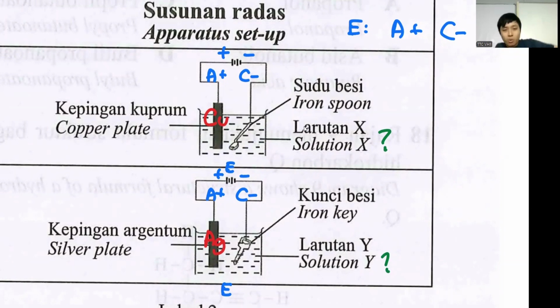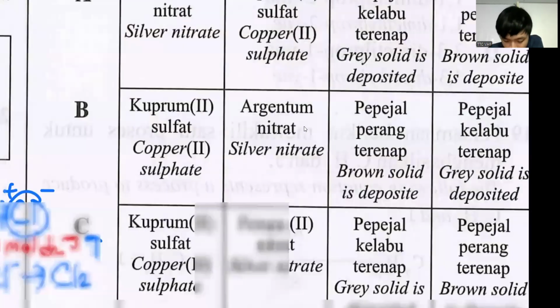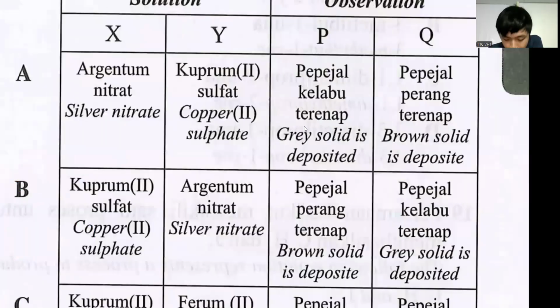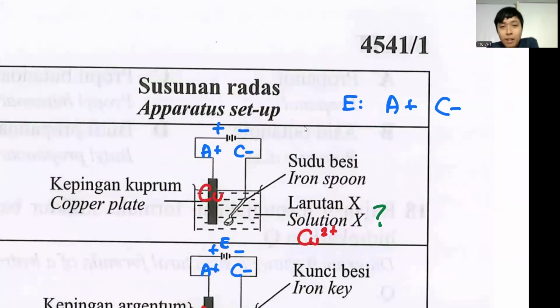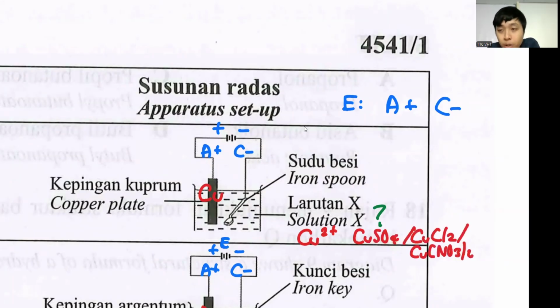Normally if you have copper, then your solution is supposed to contain Cu2+ ions. It can be copper(II) sulfate, copper(II) chloride, copper(II) nitrate, it doesn't matter, as long as it contains Cu2+, a soluble copper(II) salt solution.